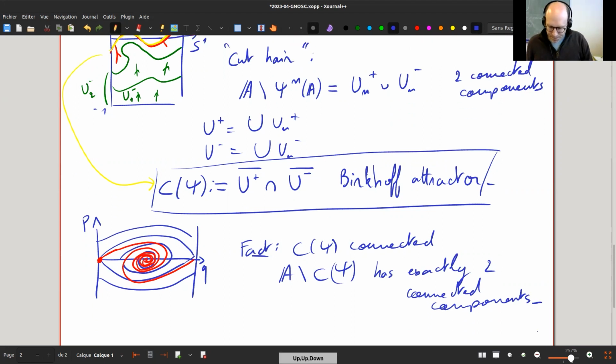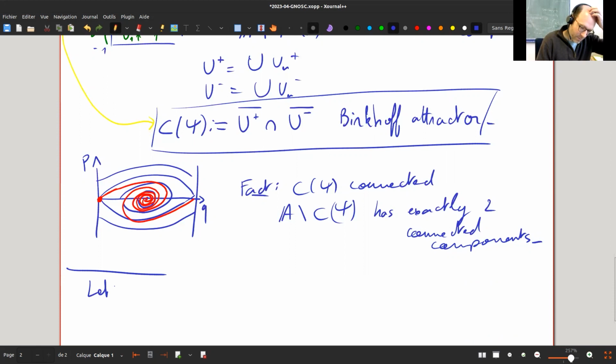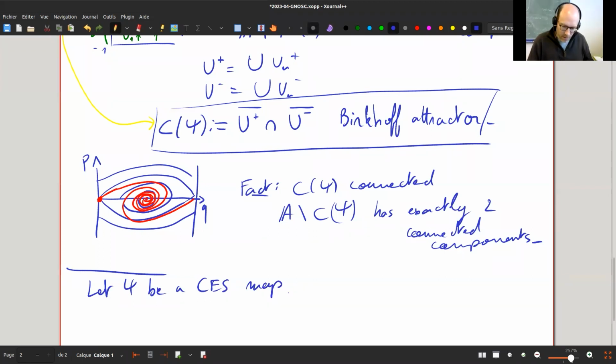Okay. Now let's come back to a general conformally symplectic map. Let psi be a CES map on a cotangent bundle.